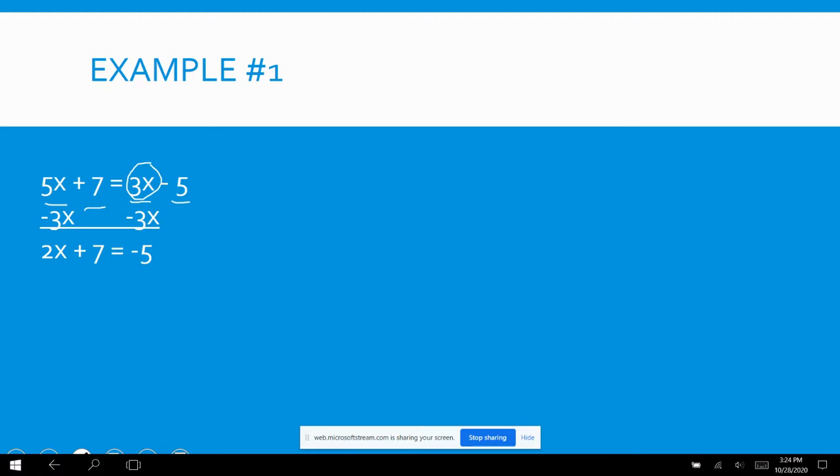Notice, we just subtracted the 3x from the 5x because those are like terms. You still need to make sure when you're adding and subtracting, you're doing it with like terms. Constants and variables are not like terms, so we cannot subtract them from each other, and we only need to subtract it once from each side. So we have 2x plus 7 equals negative 5.